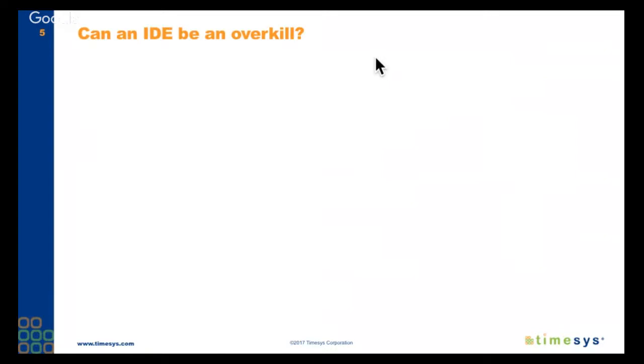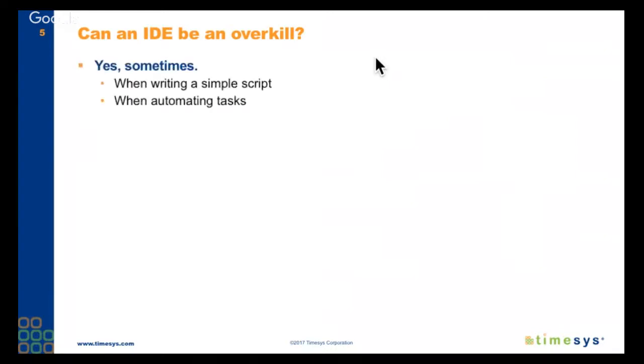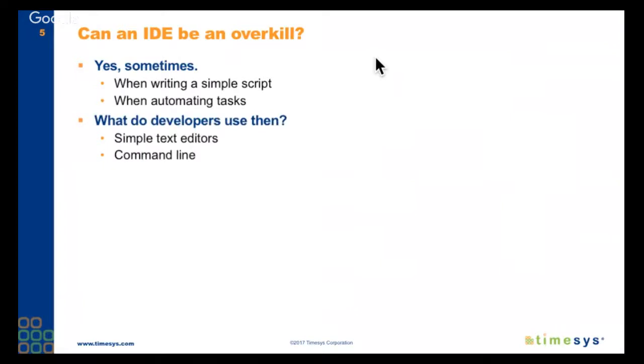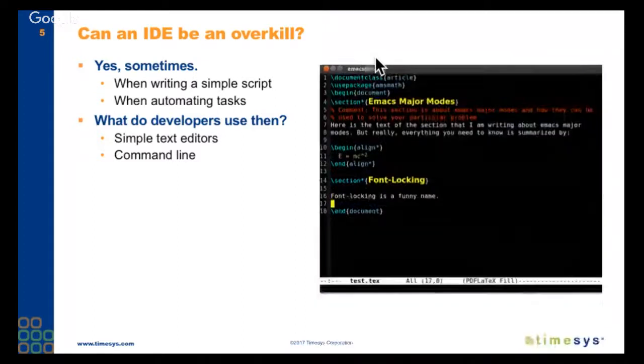Can an IDE be an overkill? Sometimes, yes. If your task is to develop a simple script, or you're trying to automate just certain processes within your product, using an IDE for it may be, well, an overkill, too much. And in that case, very commonly used are simple text editors.